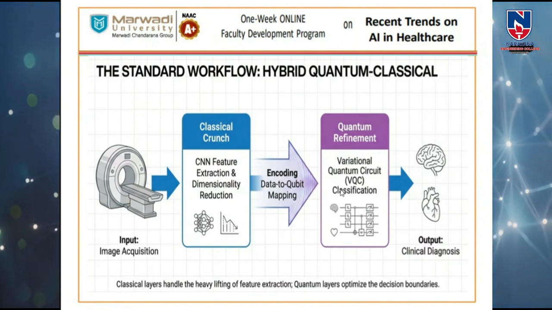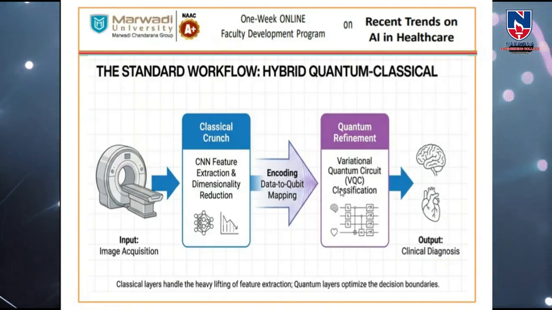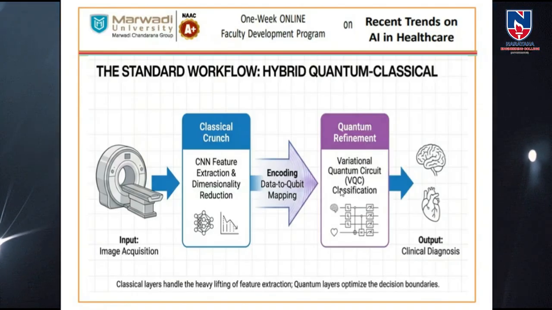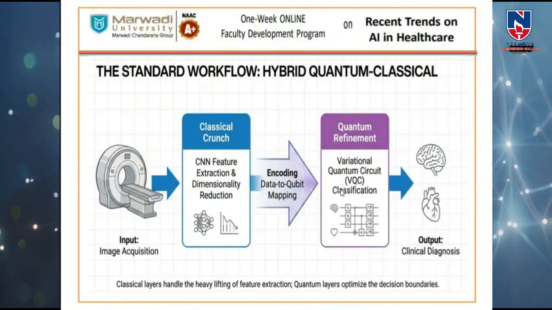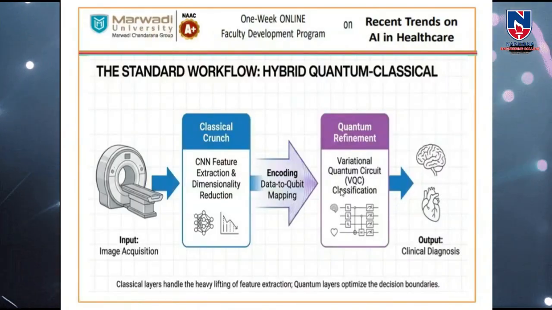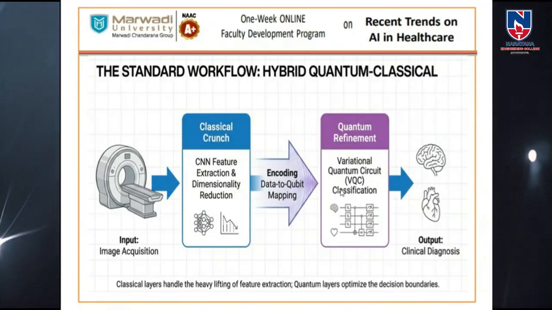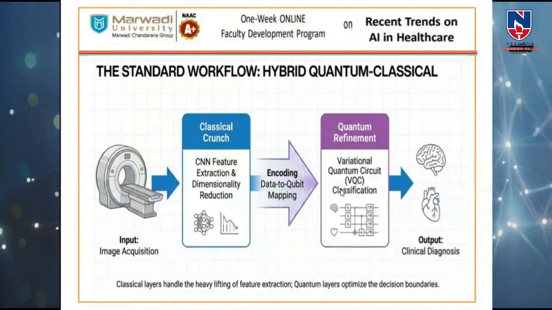The CNN performs the feature extraction and the overall dimensional reduction, because in the NISQ era there are limited qubits. People are still working with less than 100 qubits. That means we can't map the high dimensional data to qubits, because the number of qubits is very small.